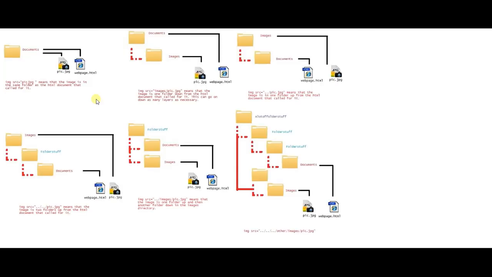Now of course there are a lot of places you could save your pictures in, and I don't have the time to show them all to you, so I've made a page where you can see which path you need to be able to show your picture. So let me zoom in a bit more.